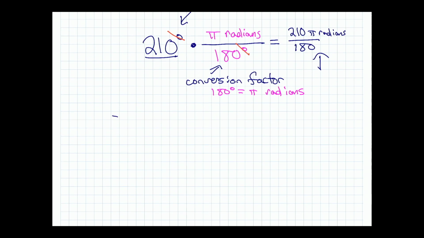We canceled degrees, so there should be no degrees. You have 210 pi over 180. And then what you want to do is reduce the fraction.